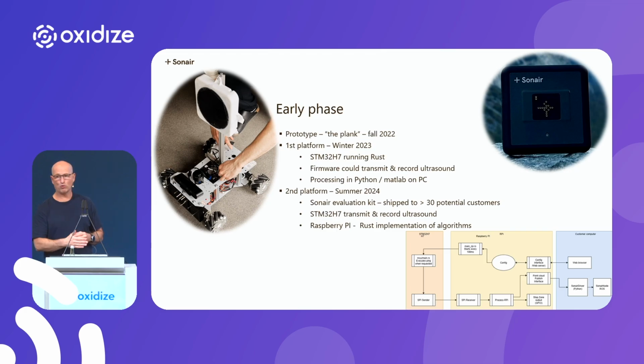But we did port all our algorithms from Python MATLAB to Rust. So here all the algorithms are running in Linux. So that means already at this point, we were developing our algorithms in the language and benchmarking them in a way that we knew we could put onto the device itself.